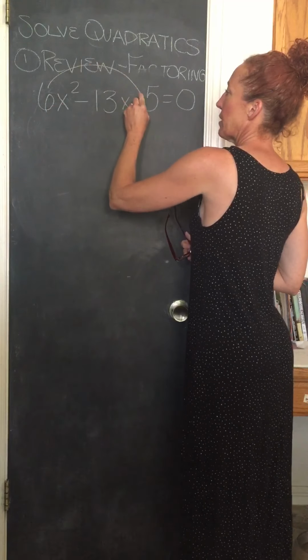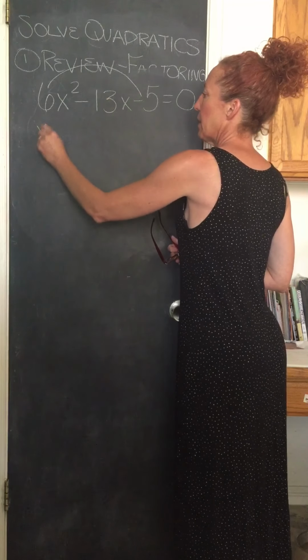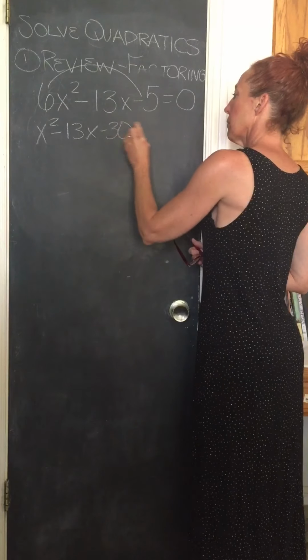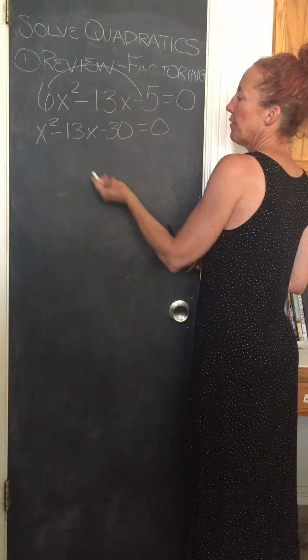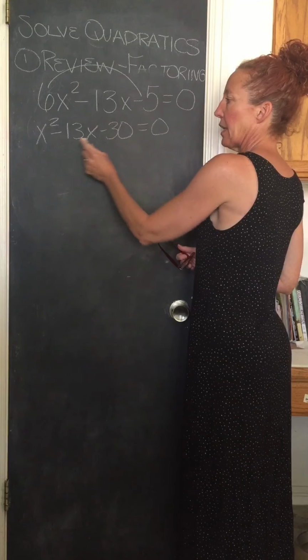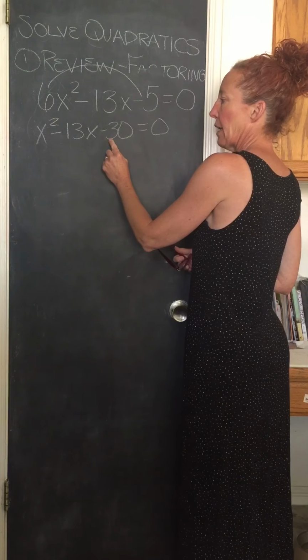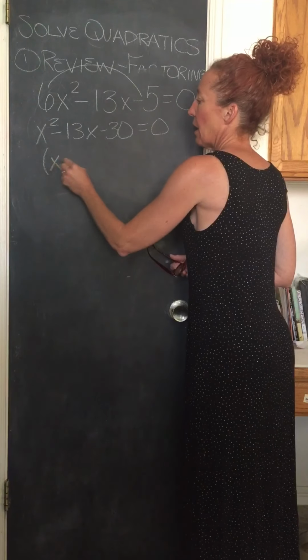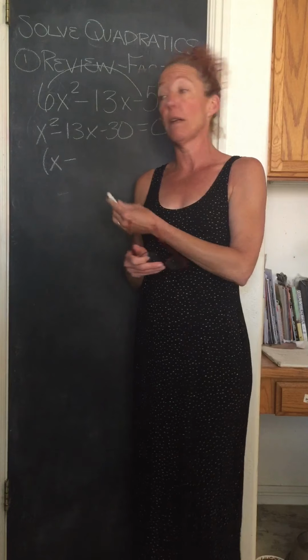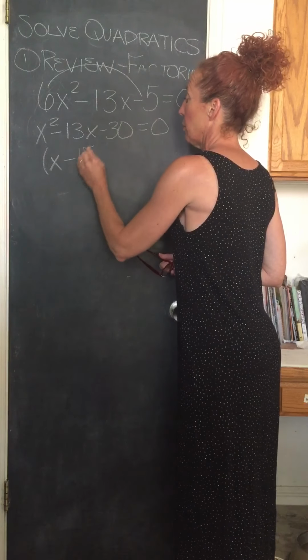In order to slip and slide, we multiply the a and the c. We find two factors that are going to add up to a negative 13 and multiply to a negative 30. It's maybe not going to be your first impulse, which might be 10 and 3. We're going to choose 15 and 2.